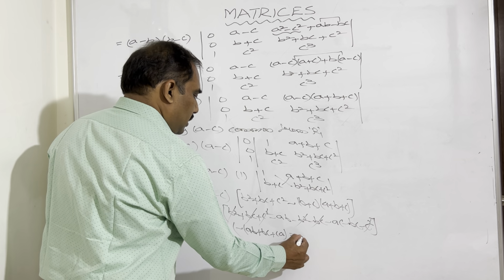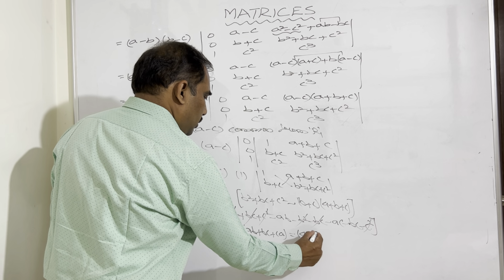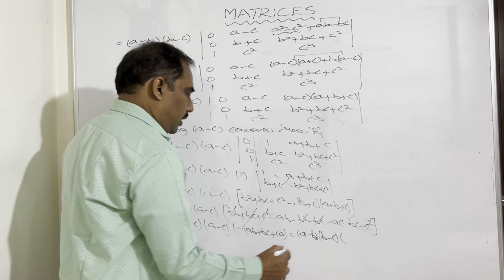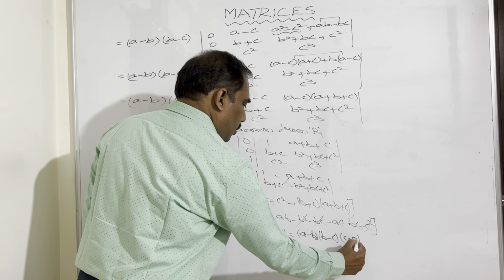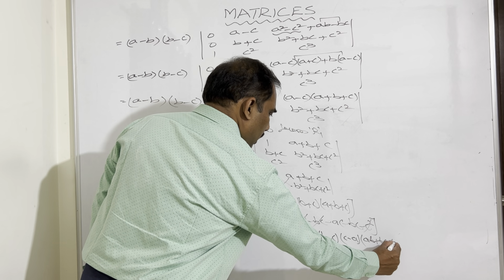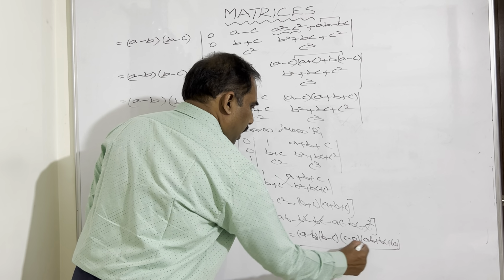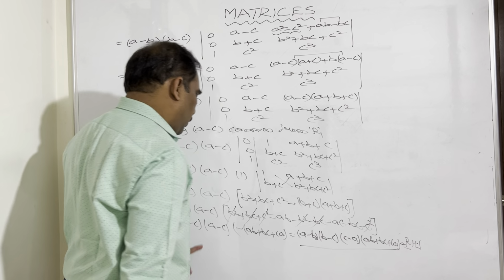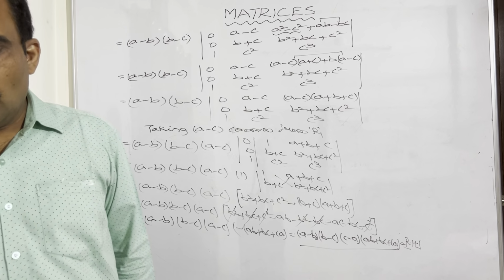So finally we can write this as a minus b into b minus c into c minus a into ab plus bc plus ca. So this is the RHS we only need to prove. So like this we can prove, therefore LHS is equal to RHS.